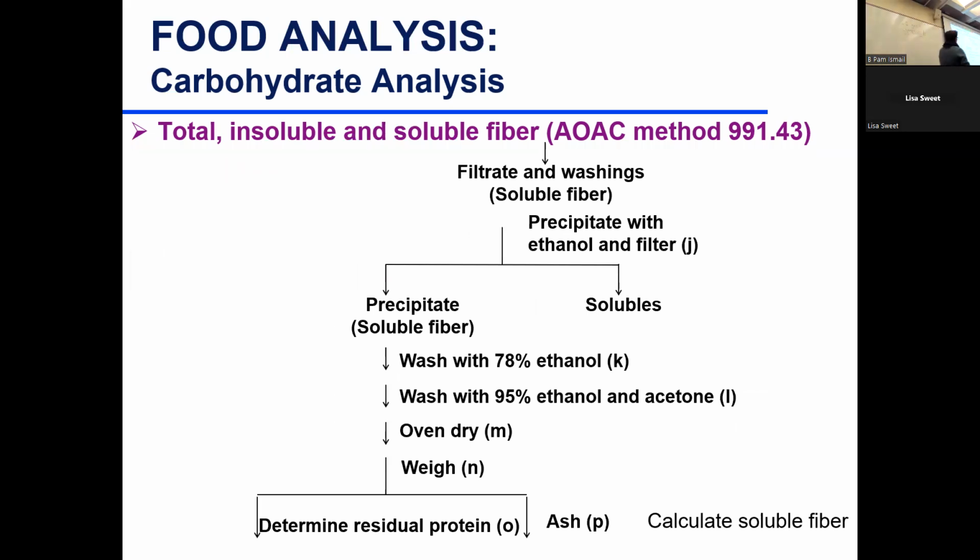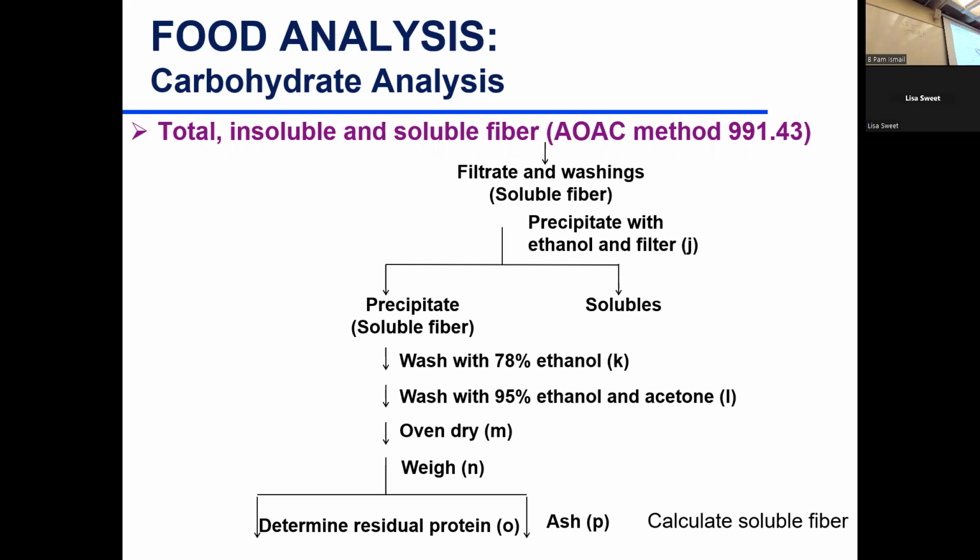Now, the filtrate, after filtering, the filtrate that goes through has your sugars, amino acids, soluble fiber in it. You want to get that soluble fiber, then you precipitate with ethanol. Then you get the precipitate, which is now your soluble fiber, and your other solubles.